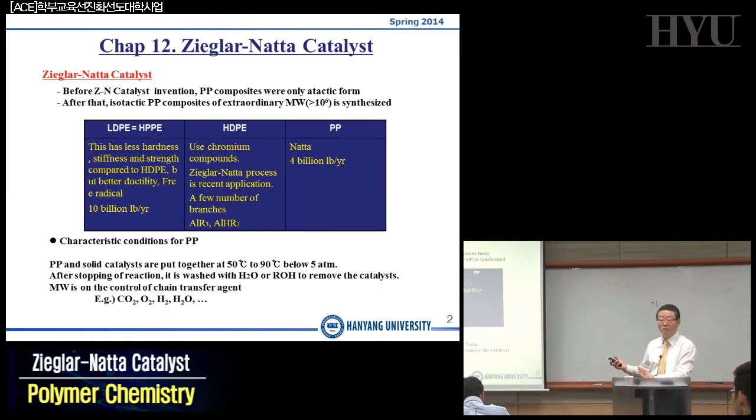Although this is a long and old development of polymeric systems, the Nobel Prize does not go to just very simple discoveries. So you can think that the discovery of Ziegler and Natta should have been very important in the early stages of polypropylene and polyethylene development.